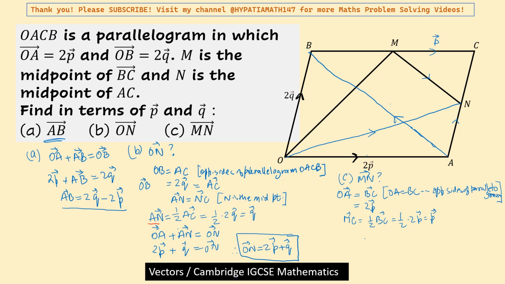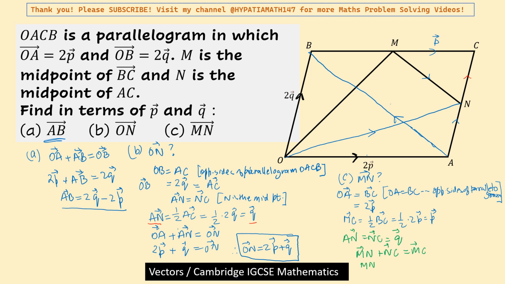So here we have AN. AN is equal to NC, and that would be equal to Q. So you can say that MN plus NC is equal to MC. MN we have to find.